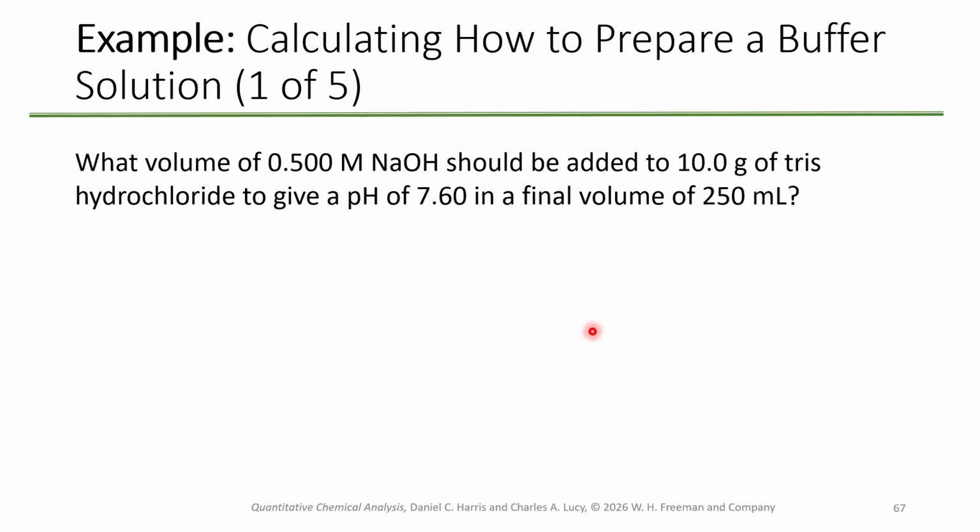Okay, so what volume of the 0.5 molar NaOH should be added to 10 grams of Tris hydrochloride to give a pH of 7.60 and a final volume of 250 milliliters?